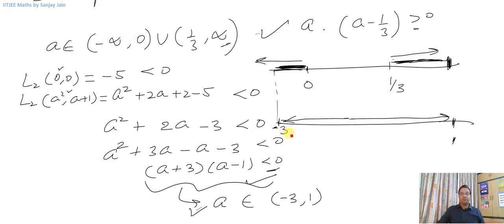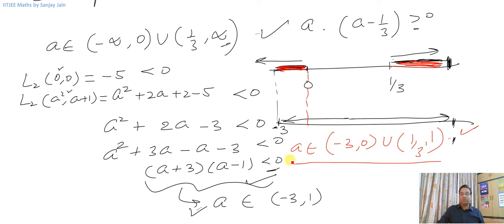So the solution will be a belongs to (minus 3, 0) union (1 by 3, 1). These are the values of a for the given conditions. I hope you have got the idea of the position of points relative to a line and its probable usages.